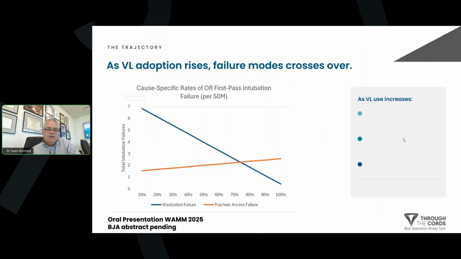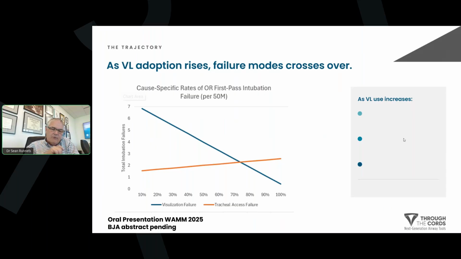This is a study that was an oral presentation at the World Airway Management meeting in Florence, and it's a BJA abstract pending currently. This is a calculator, and it allows you to see what's happening on the bottom.